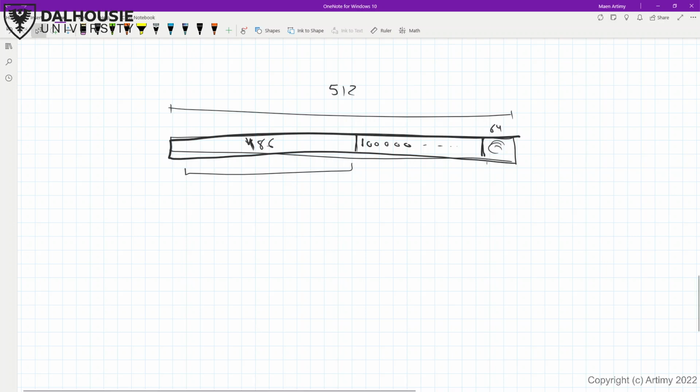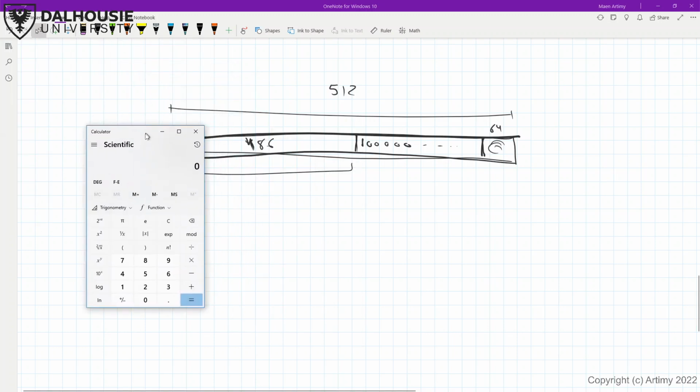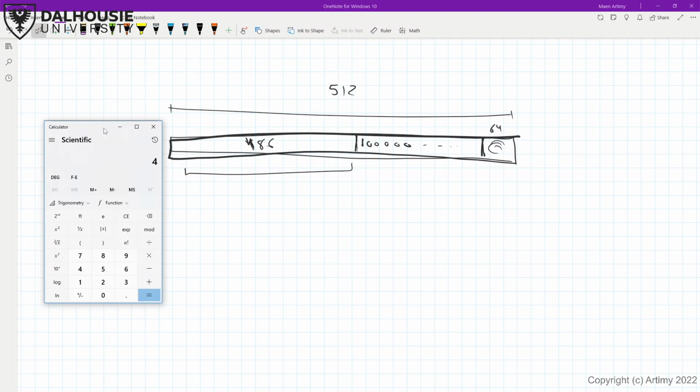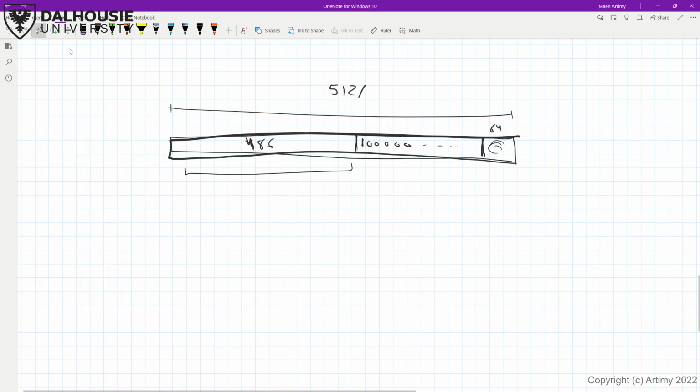So if I want to calculate that precisely, we have 486 here plus 64. Oh, actually that won't work because it will exceed 512. So in this case, I have to make sure that this is twice.